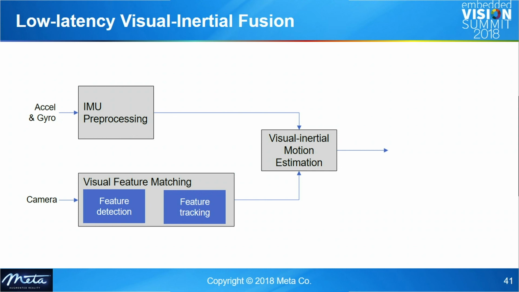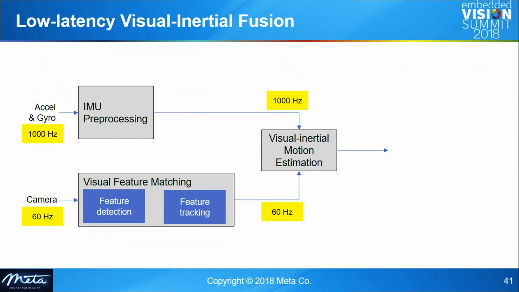So what does this have to do with visual inertial tracking? Let's take a look at the sampling frequencies of the different modalities. These could be typical sampling frequencies of your camera and of your inertial sensor. From the camera you get a new frame every 16 milliseconds or so. From the IMU you might get a new reading every 1 millisecond.